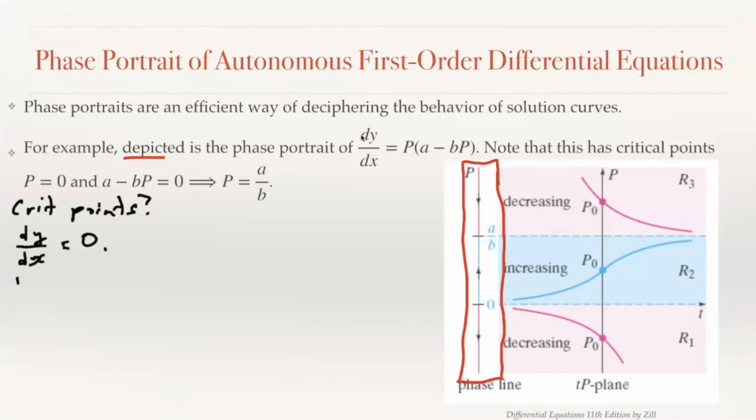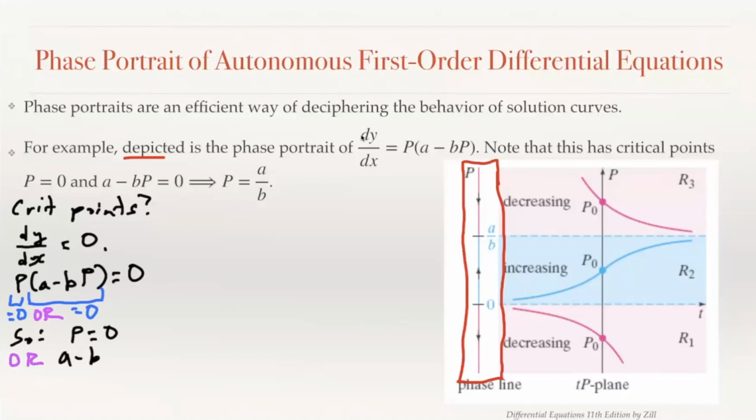That means that p times (a minus bp) equals 0. One of those has to be 0 for the product to be 0. So p is 0, or a minus bp is 0. So solving those, p is 0, or a over b. From this one, we move the bp to the other side, divide by b, and we get a over b.